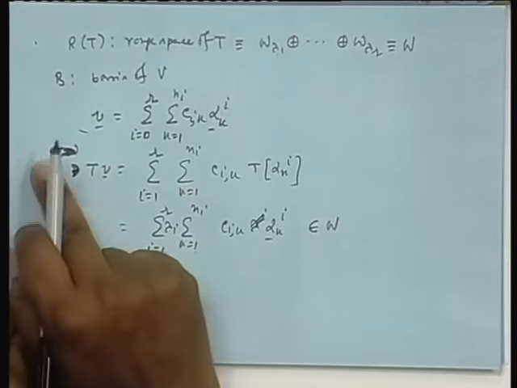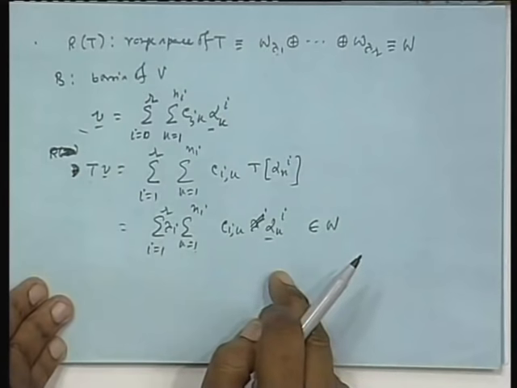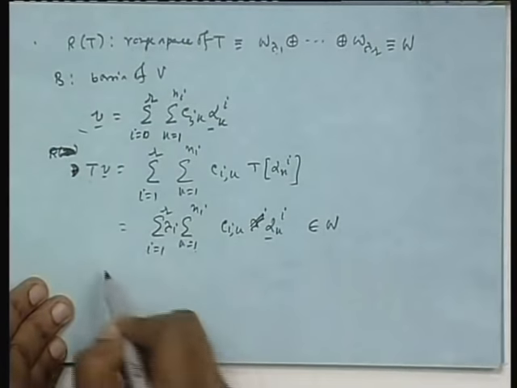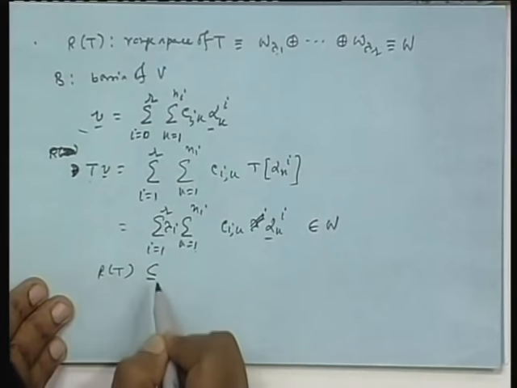T works on that, and that gives you this. That means the range space is contained in W.